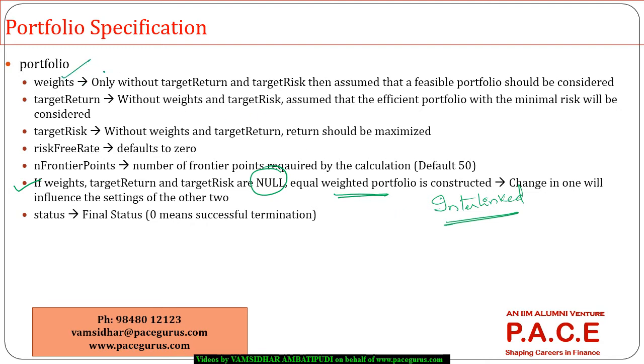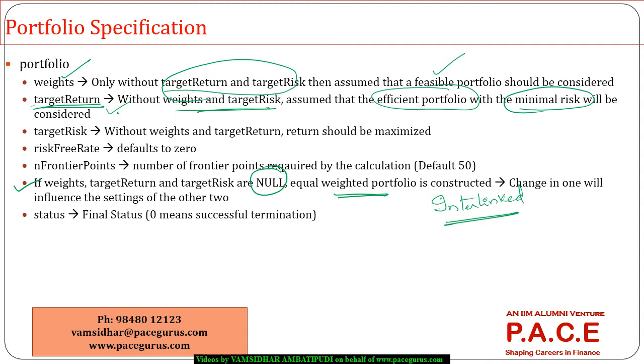If I am leaving it blank, the default behavior is that the equal weighted portfolio is constructed. But if I am giving weights and not giving the other two, then corresponding to those weights, whatever is the feasible portfolio would be considered and constructed. But if I am giving only the target return, but I am not giving the other two, weights and the target risk, corresponding to that target return, an efficient portfolio will be created. The efficient portfolio is the one that is having the least possible risk.